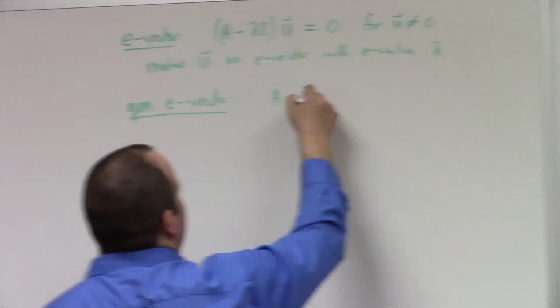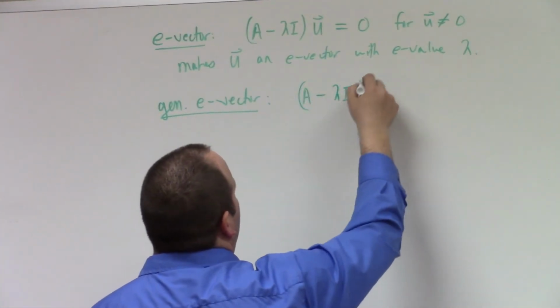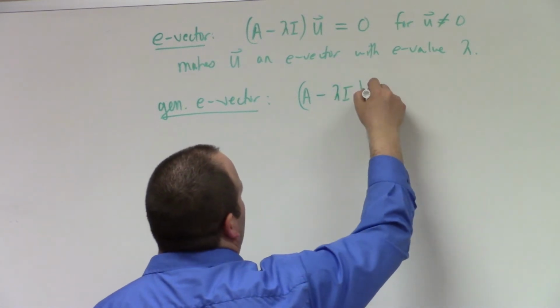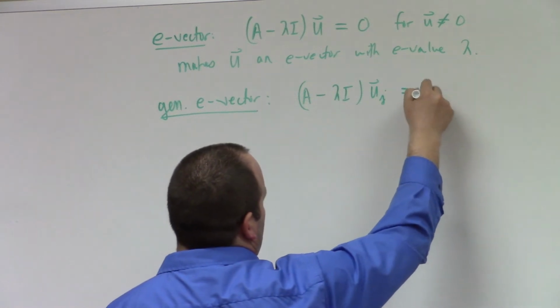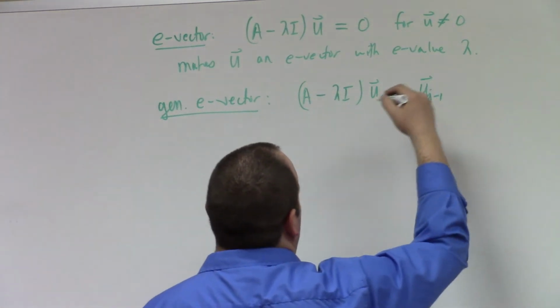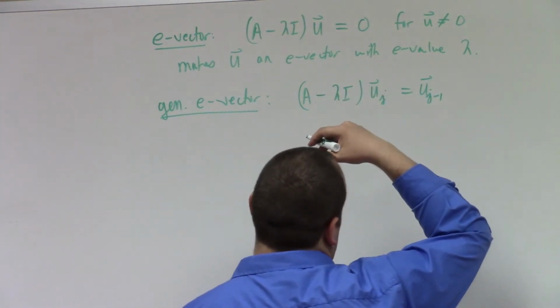So we have (A minus lambda I) times U_j equal to U_{j-1}.